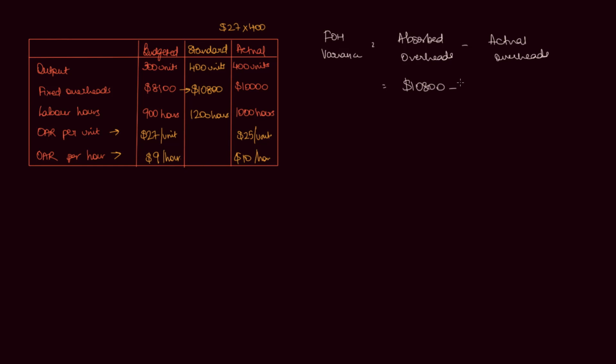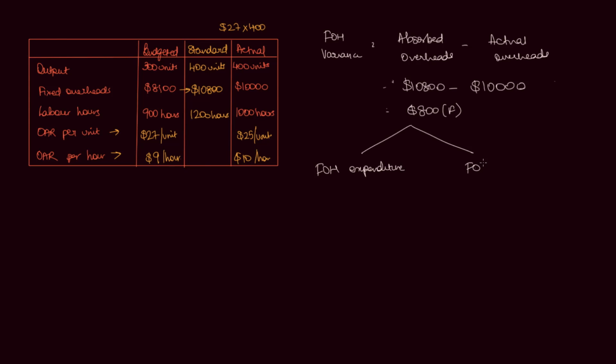So 10,800 minus actual overheads given in the data, $10,000. So there is an $800 variance. Now this is favorable or adverse. See, compare how much you've spent versus how much you've recovered from customers. You've spent less and you've recovered more from the customer. So it is good for the business. It will lead to higher profits. So 800 favorable variance.